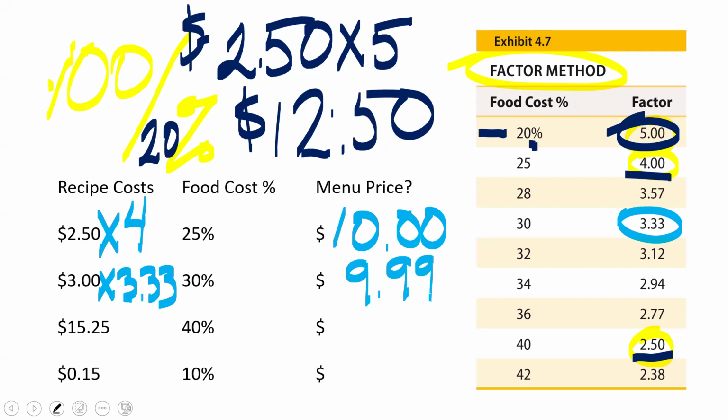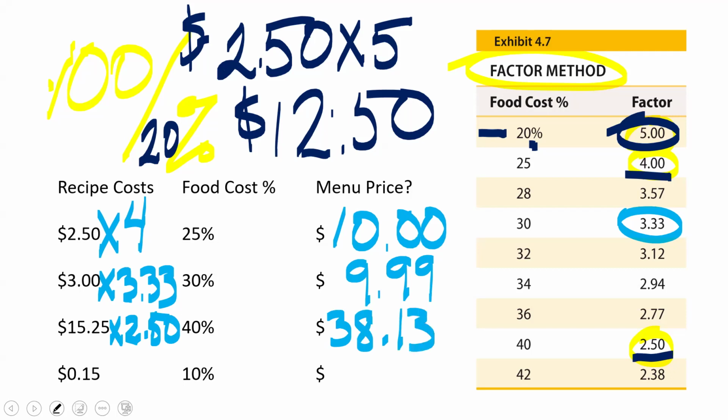Okay. 100 divided by 40, 2.5. So we multiply, you can use a calculator on this one. It's like 38 something, 39, 38.13.